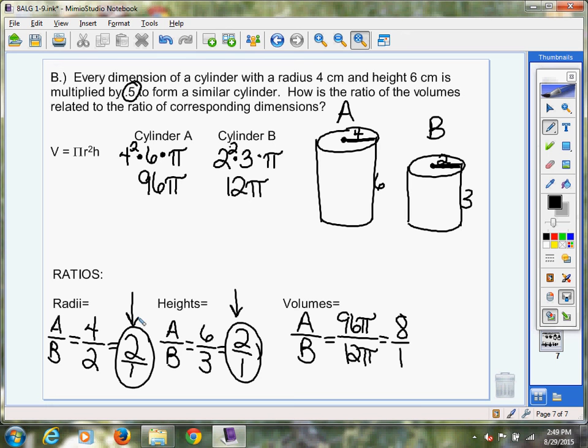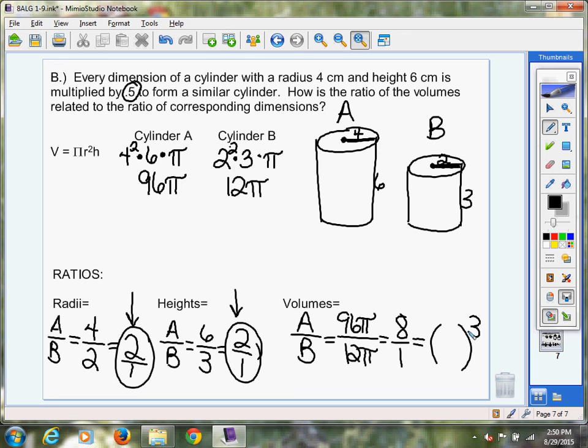When you think about area, area is length times width, which is 2 dimensions. That's why the exponent for area was 2. Volume, you're measuring 3 dimensions, length, width, and height. So that would mean, what would I have cubed that would give me 8?